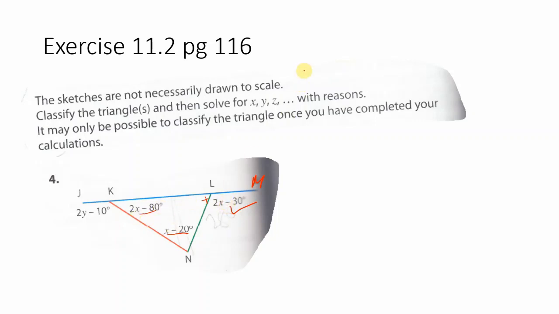So therefore I can make the statement that 2x minus 80 degrees plus x minus 20 degrees is equal to the exterior angle of 2x minus 30 degrees.